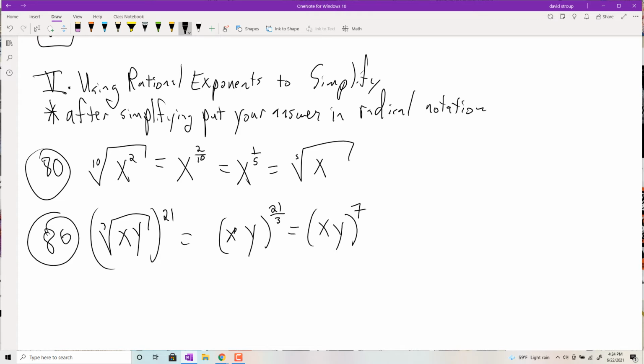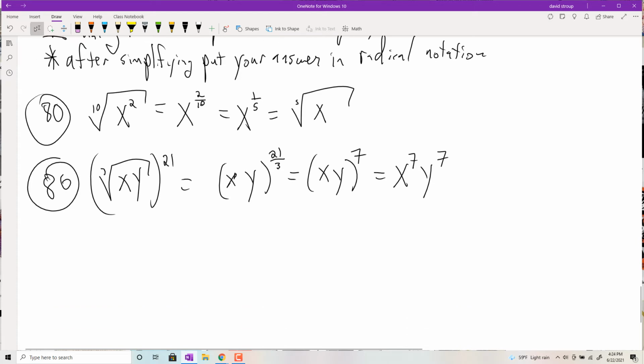And then putting it in radical notation, I guess there isn't a radical notation for that, right? Because it's a 7, not a 1/7. So I guess the best thing you do is just rewrite it by distributing the power to both terms. So I guess I should say, if possible, put your answer.